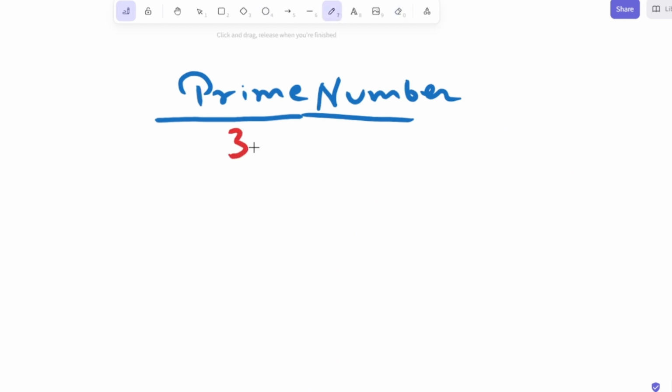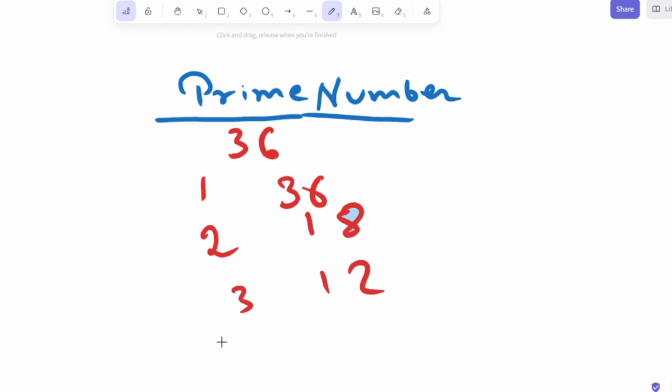For example, n is 36, then we get 1 and 36, 2 and 18, 3 and 12, 4 and 9. And at this point, we will get a pair of two factors which are the same, 6 and 6. So this is the reason.